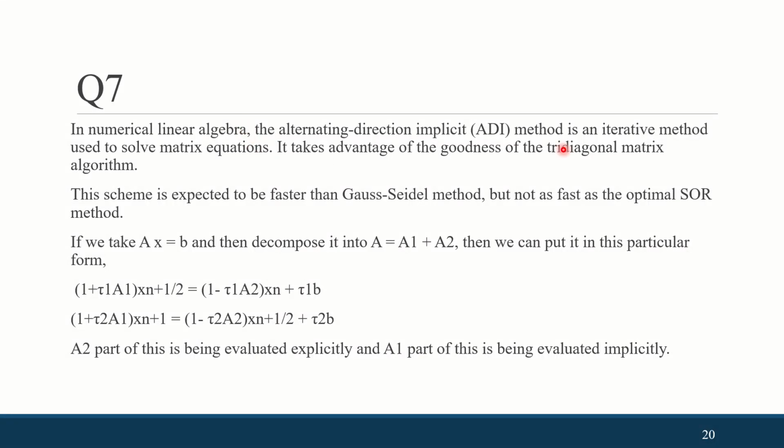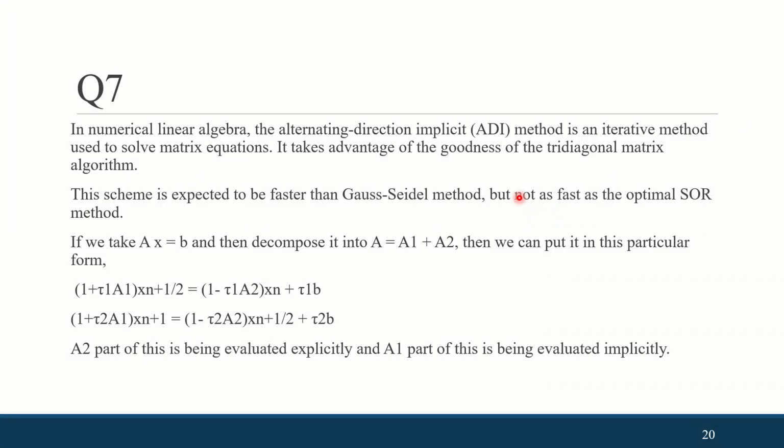It takes advantage of the tridiagonal matrix algorithm. This scheme is expected to be faster than the Gauss-Seidel method, but not as fast as the optimal SOR method. So it lies between Gauss-Seidel and the optimal SOR method.